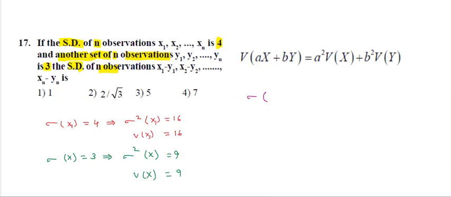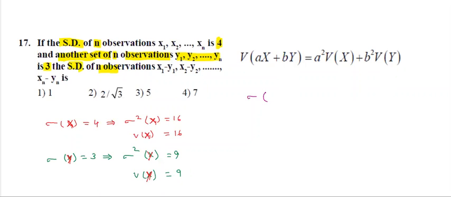Sigma x also we can write, but here for the second observation I wrote it by mistake. This is y. See here, y terms are there, so here we need to write y, not x. This is the correction. So here you can write only x, enough. No need to write x1.